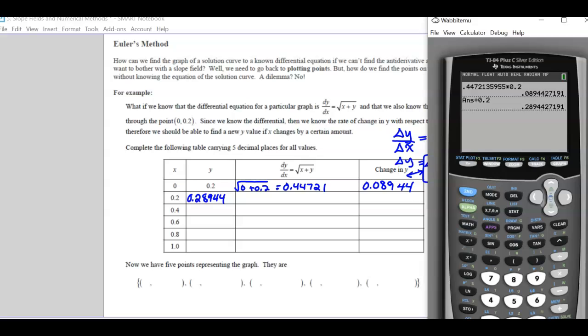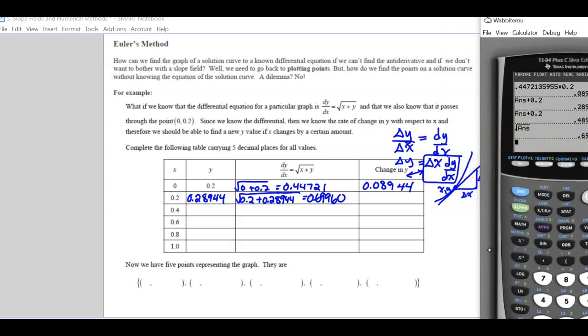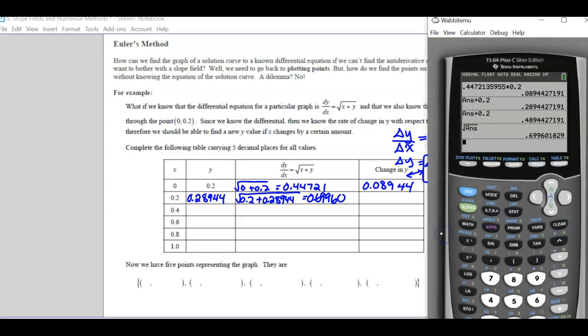So now you have your new x and y. Now our x is 0.2, and our y is this. So now you add 0.2, and then square root that. And then multiply that, dy dx, by your change in x, which is 0.2.